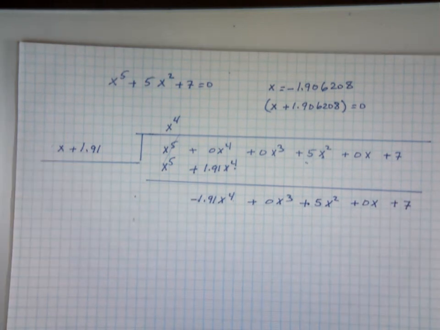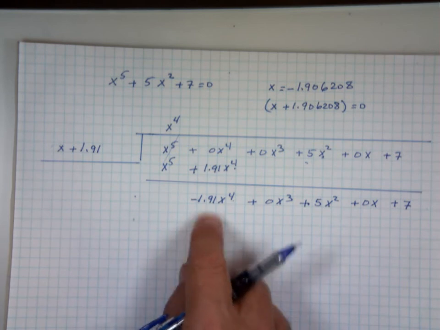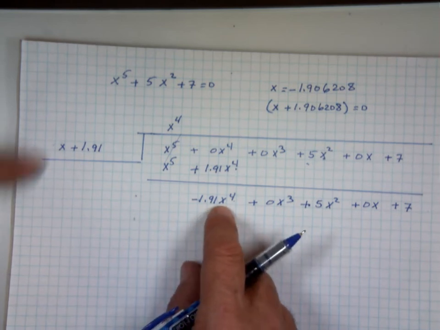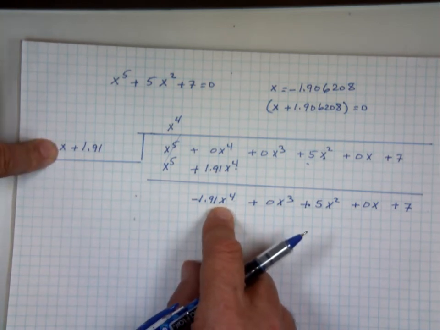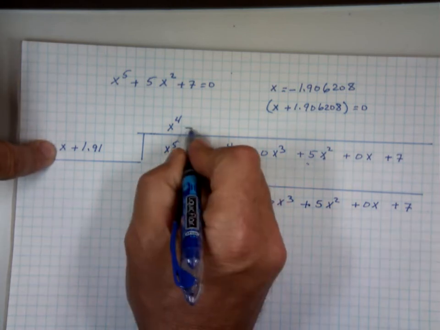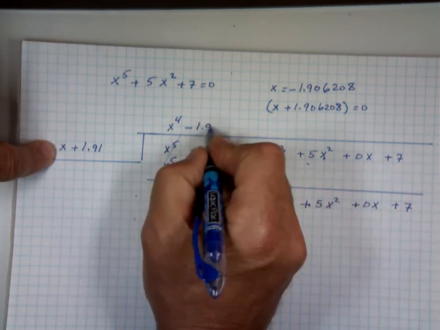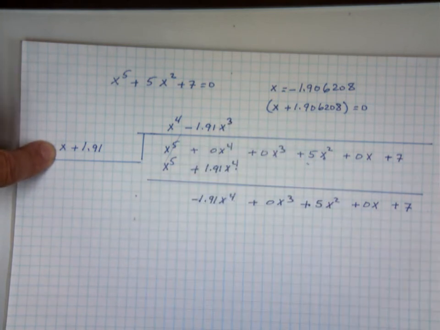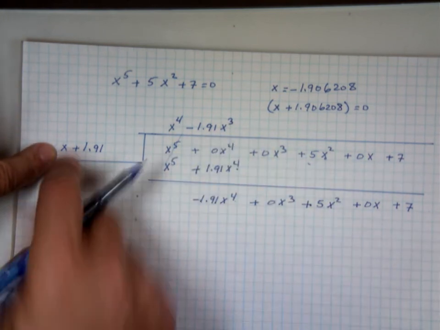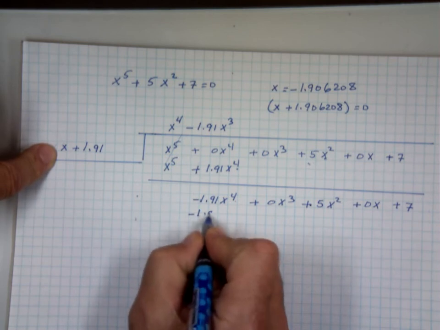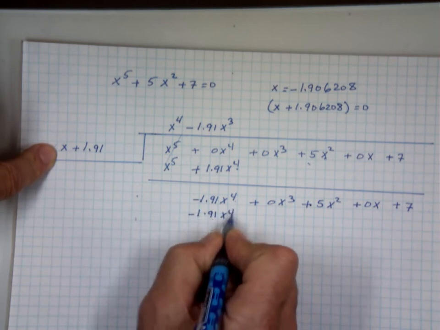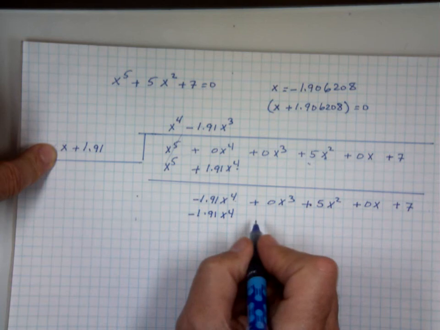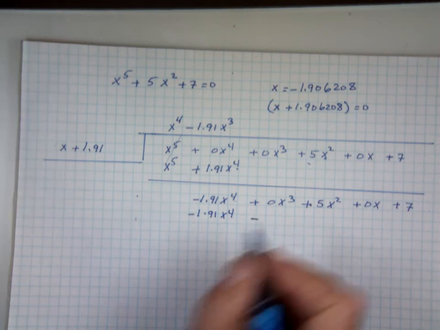What is negative 1.91 x to the fourth divided by x? By only x. That's negative 1.91 x to the third. Multiply this times this, and multiply this times that. That will be a negative. What is 1.91 times 1.91?